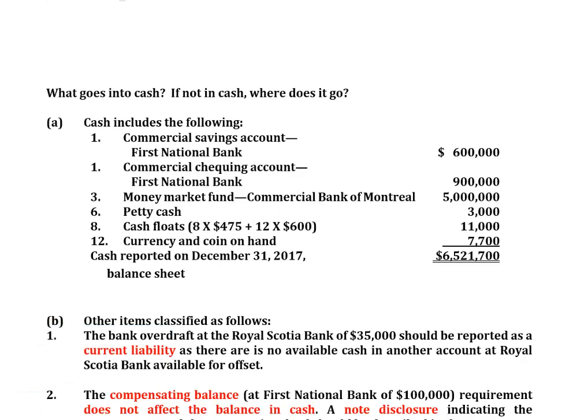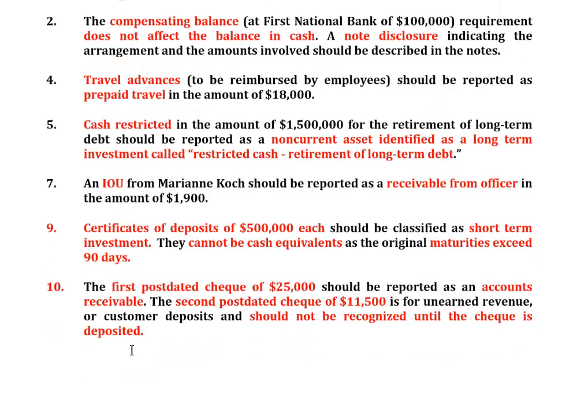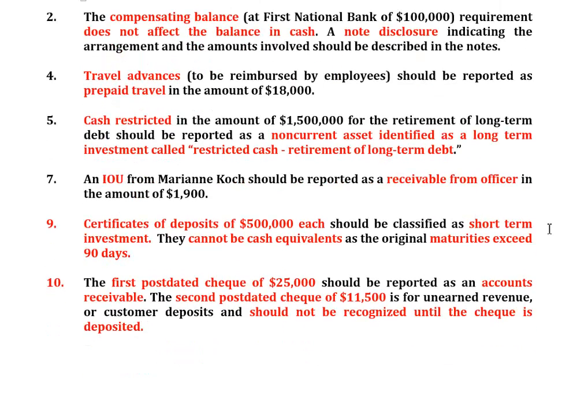Even though it's for a fixed term and it's got a fixed rate of return, we can't cash it within a 3-month period. So we would consider it to be longer than 3 months, but not a long-term investment because it's within a year. So we would classify it as a short-term investment.